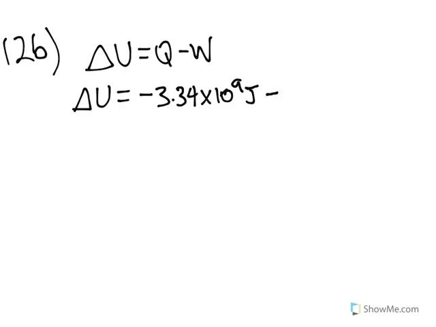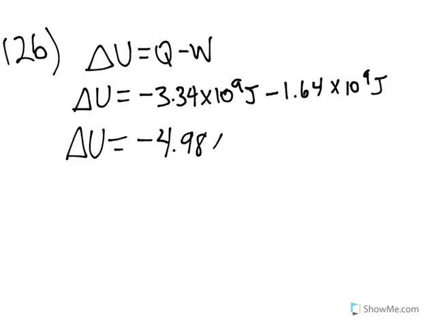That's going to be minus the work done, and it is done to the surroundings. So it's still negative 1.64 times 10 to the ninth joules. And so when I subtract these two, my net change in internal energy is a negative 4.98 times 10 to the ninth joules.